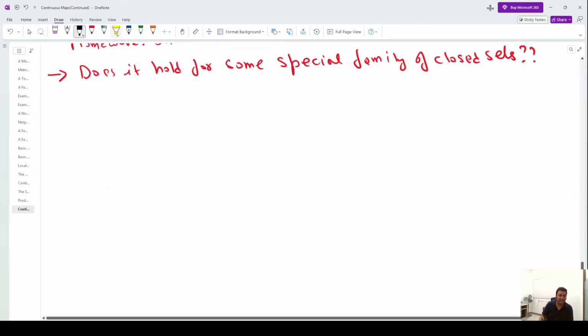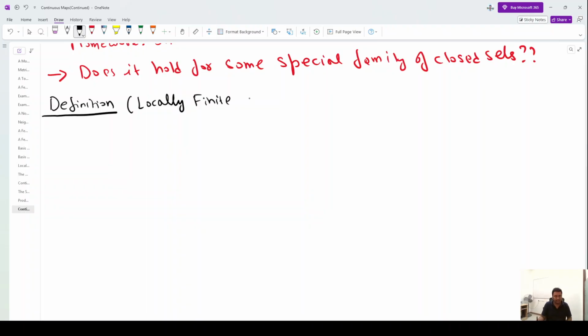So let me first define that definition. Locally finite families. So this is very, very, very important at various places.